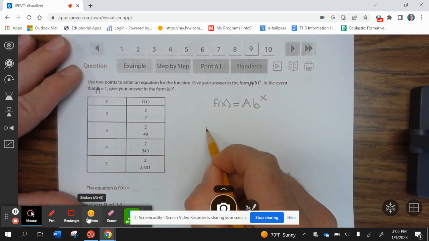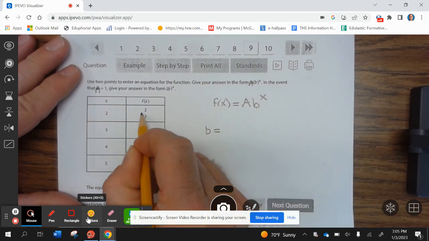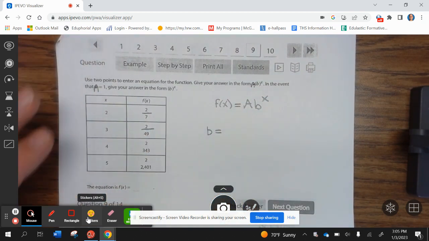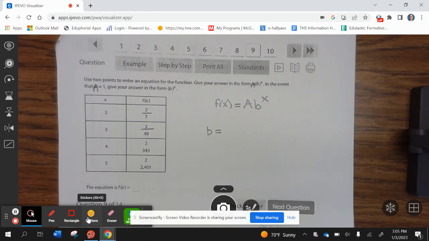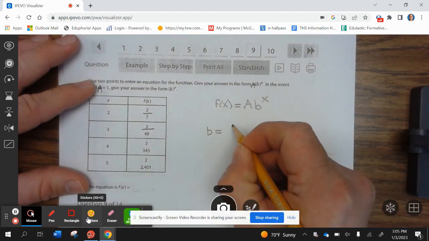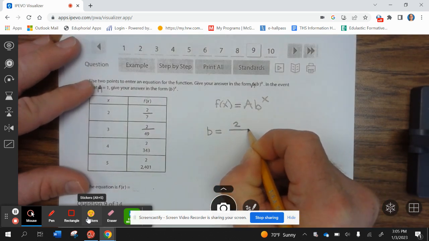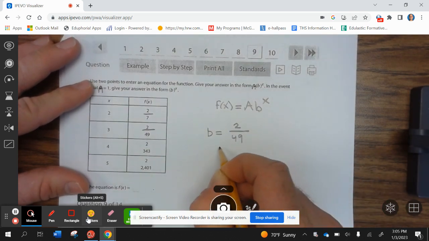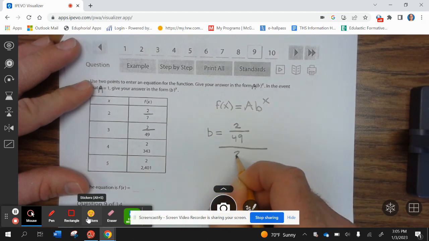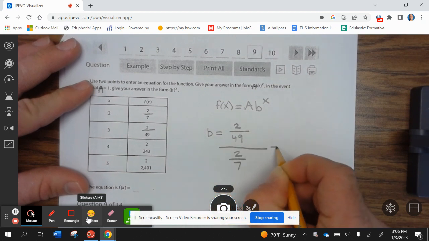So b is equal to 2 divided by 49 divided by 2 divided by 7.